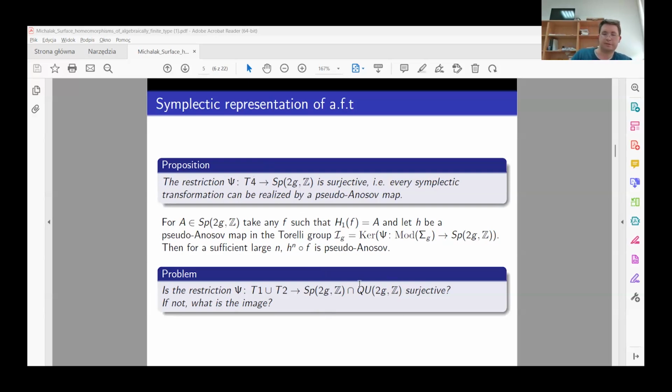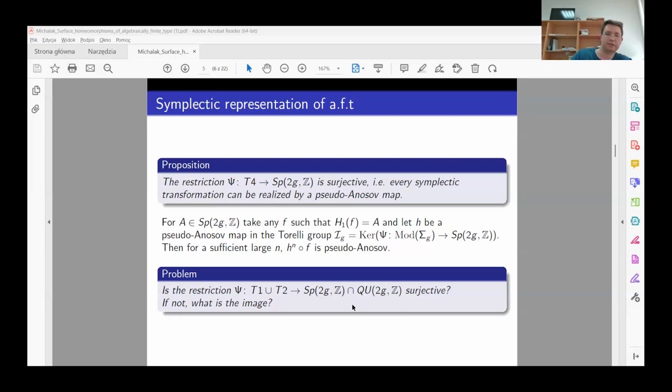But our general problem, which I investigate in my work with my collaborators, is whether the symplectic representation restricted to the first two families of classes, algebraically finite type classes, which do not contain pseudo-Anosov pieces, is surjective. We know this is onto quasi-unipotent matrices, so the intersection with symplectic matrices.